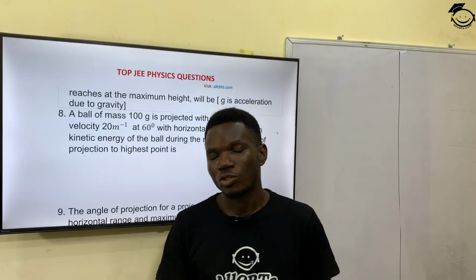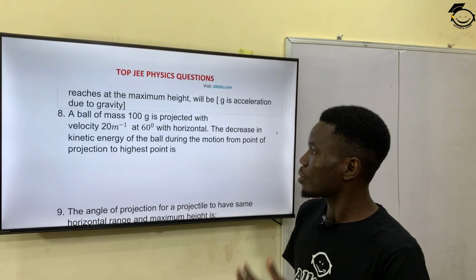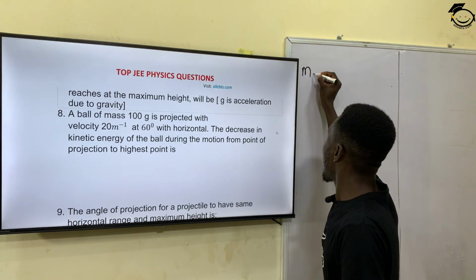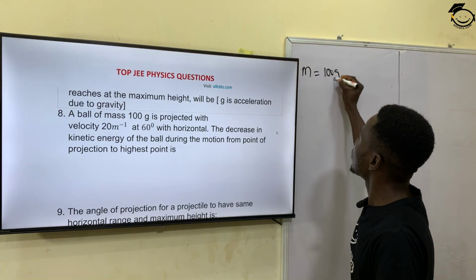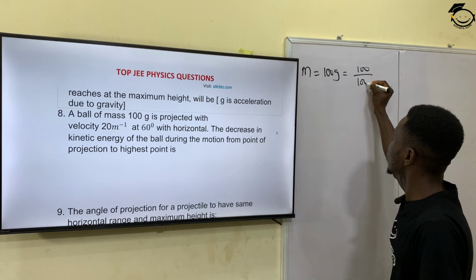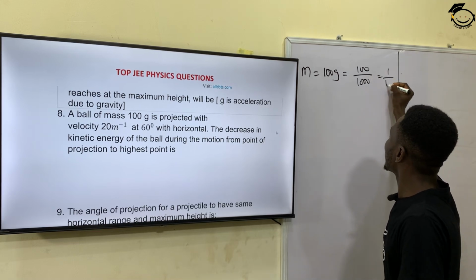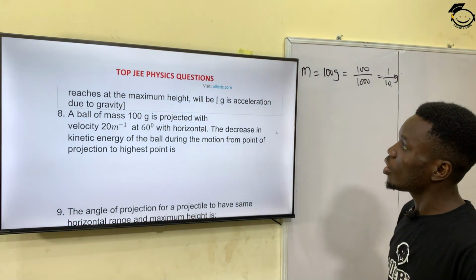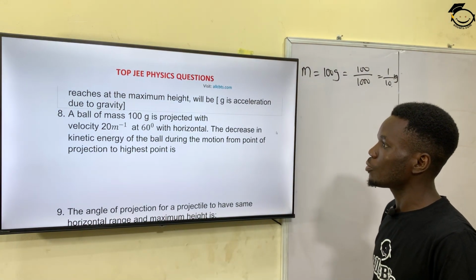Moving on to question number 8, it says a ball of mass 100 grams. So we're given the mass of the ball as 100 grams, which is equivalent to saying I have what? 100 over 1000, and that will give me 1 over 10 kilograms. So a ball of mass 100 grams is projected with a velocity.